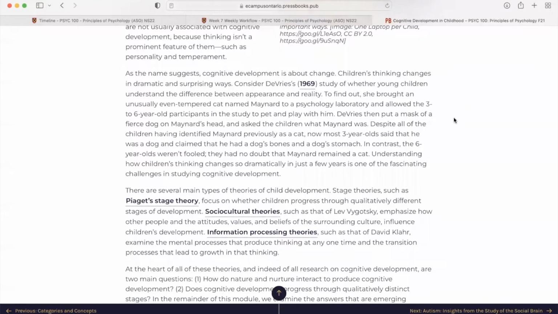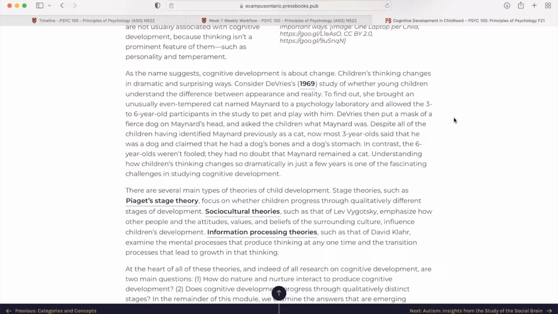DeVries then put a mask of a fierce dog on Maynard's head and asked the children what Maynard was. Despite all of the children having identified Maynard previously as a cat, now most 3-year-olds said that he was a dog and claimed that he had a dog's bone and a dog's stomach. In contrast, the 6-year-olds weren't fooled. They had no doubt that Maynard remained a cat.